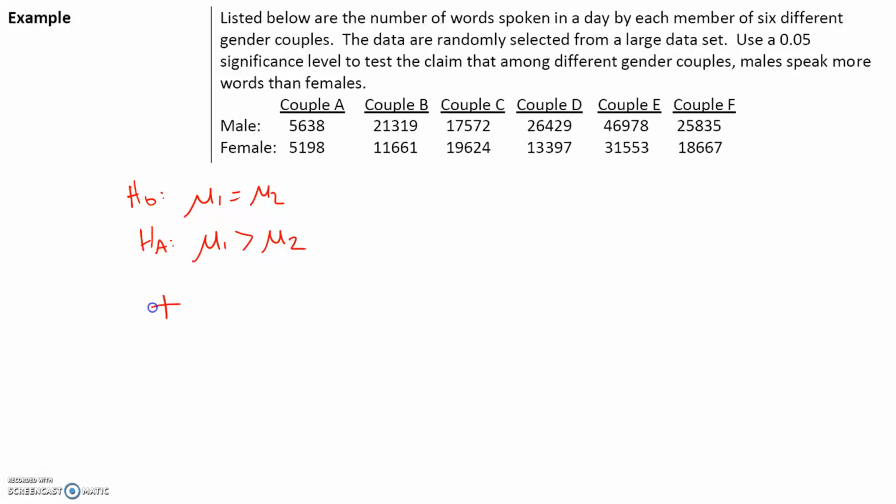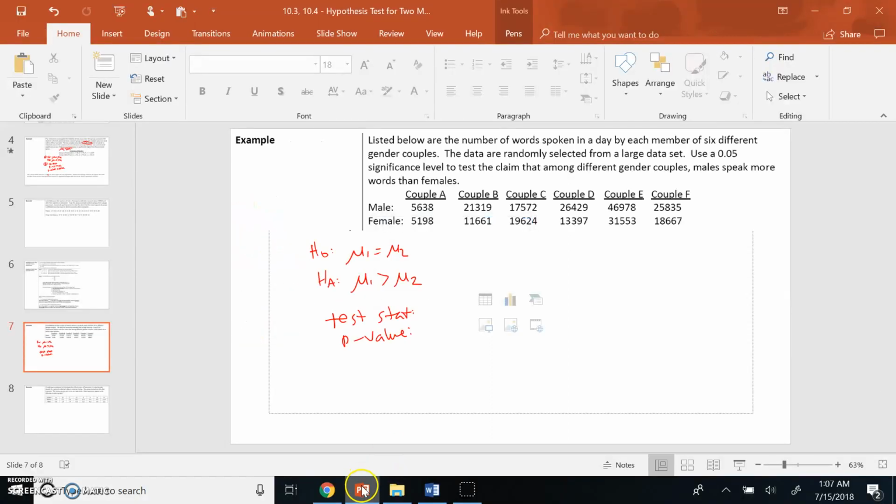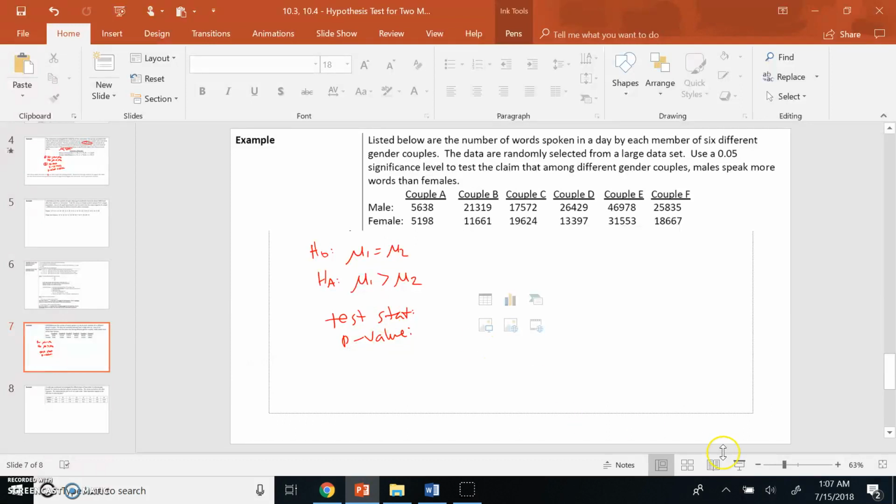Okay, so we list our test statistic, we list our p-value. Once again, our test statistic was 2.5789 with a p-value of 0.0247.